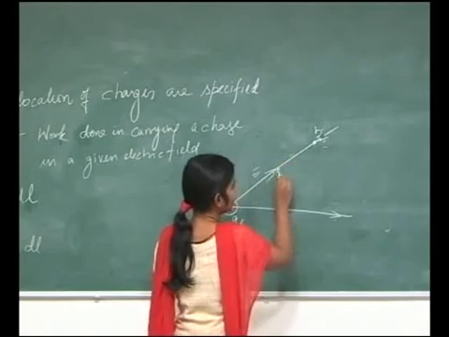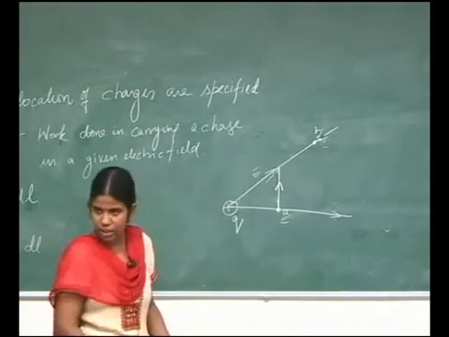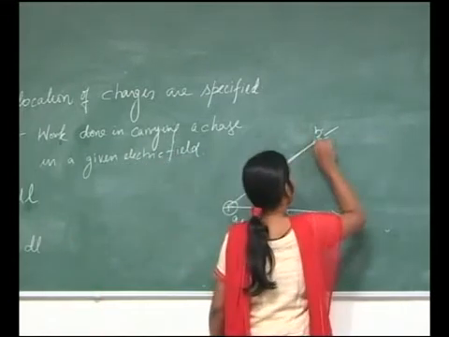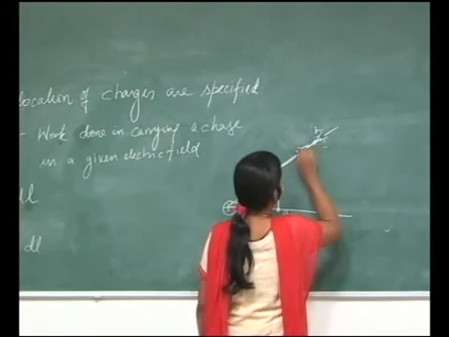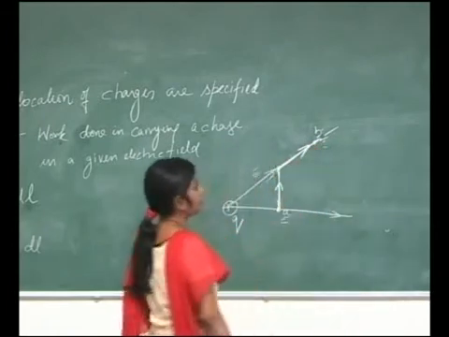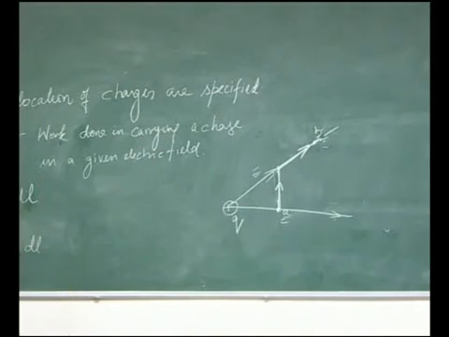Is it okay? Now if I have to move, then I will move like this. I have only one choice. I will move like this, and then I will move like this. So here is the path, okay, and work done is E dot dl.